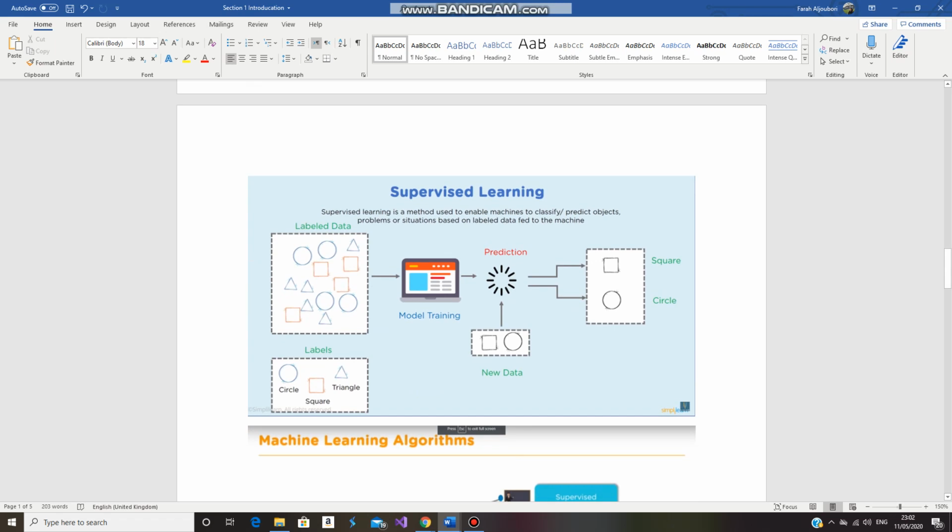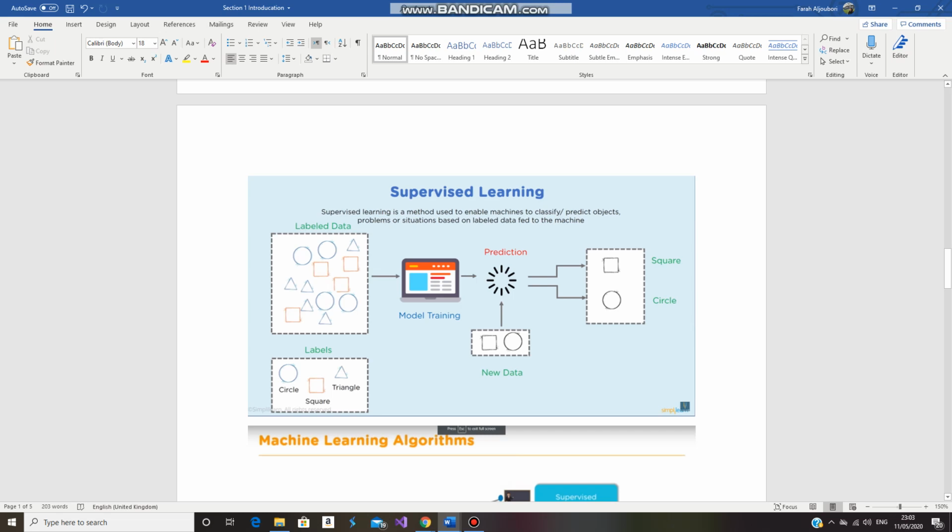But how will the computer figure out the difference between these three things? First of all, I need to teach my computer or system that I have three important shapes: circle, square and triangle. Then after I train the model and predict, my computer will figure out which shape looks like a circle, which looks like a square, and which looks like a triangle, because it predicted and it learned.